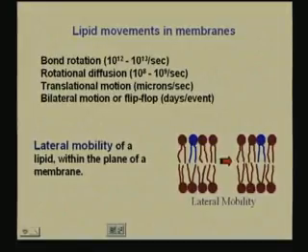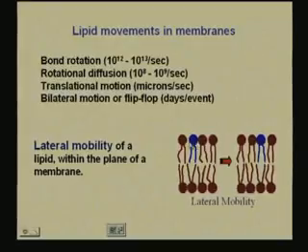When we speak of lateral mobility of a lipid within the plane of the membrane, we have the lipids actually moving around. So, this blue lipid actually shifts. Okay? So, this is what is meant by lateral mobility.